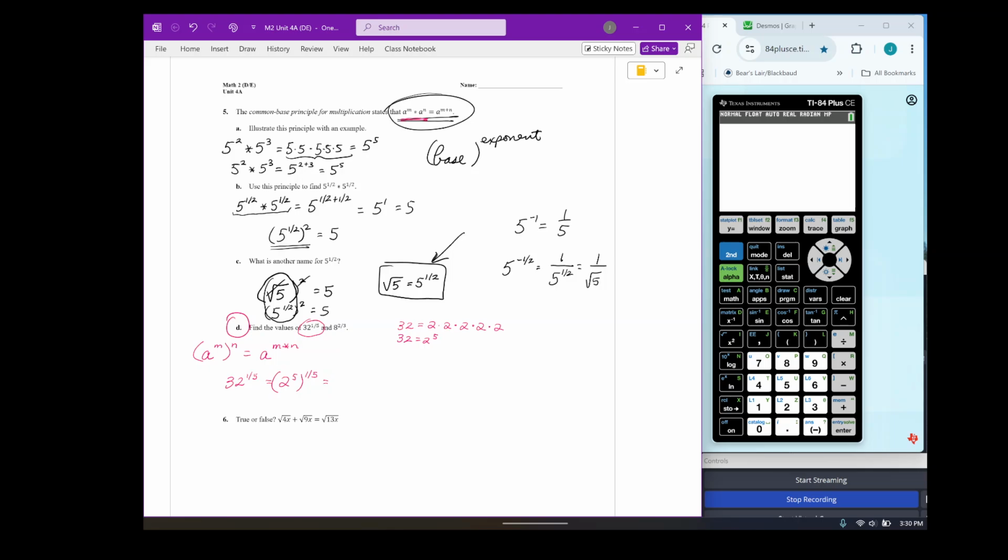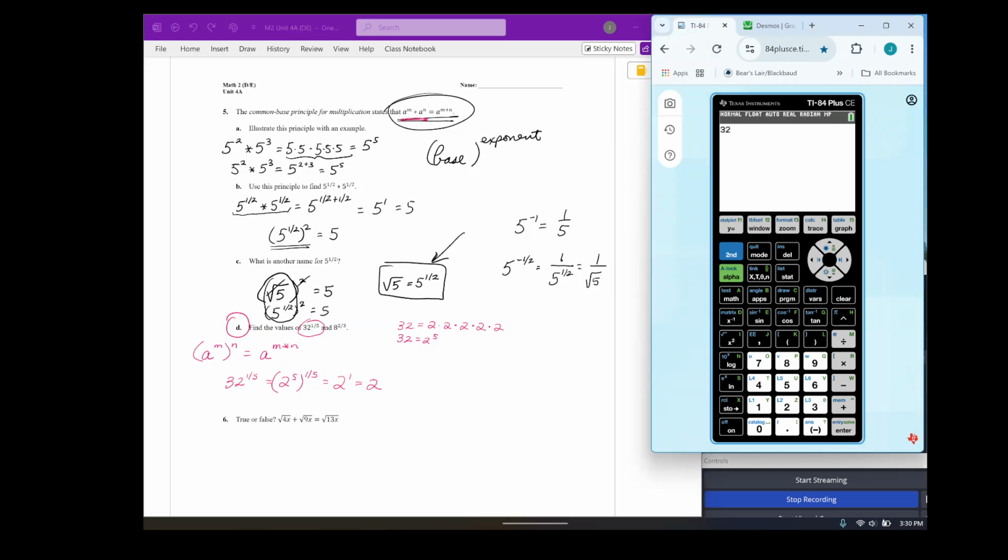If you use this rule that we just described, we multiply those powers together, and you get 2 to the 5 times 1/5, which is 1. So this thing equals 2. And the calculator can handle this stuff, but you should know how to do it anyway. But if I do this right here, there's 2.